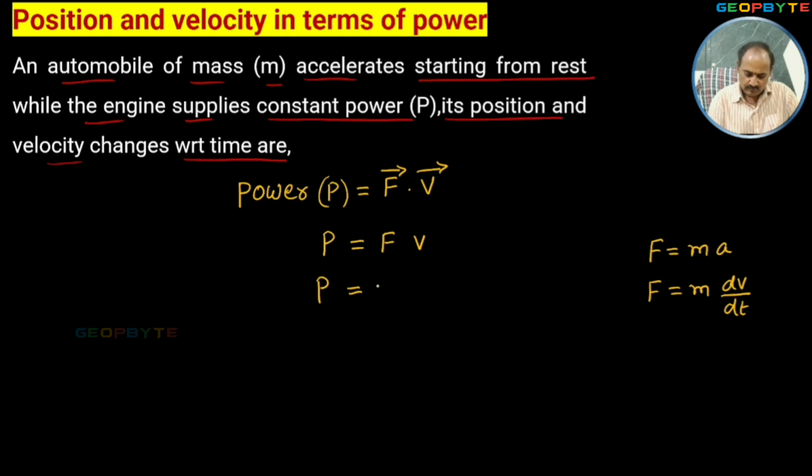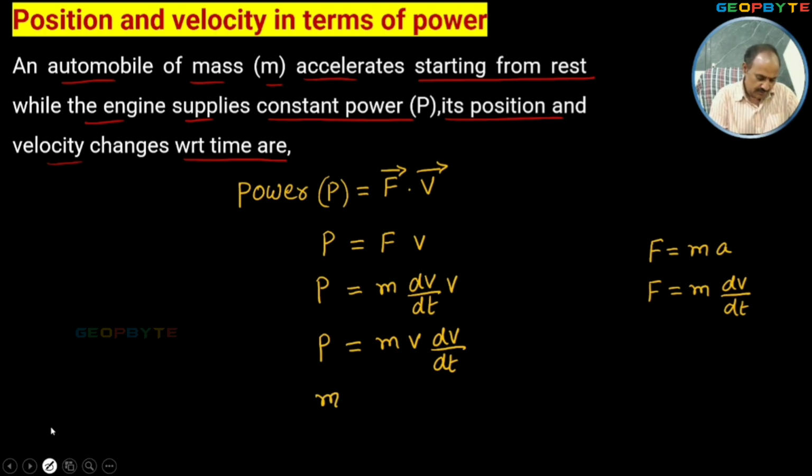Power P equals m into dv by dt multiplied by v, which can also be written as power P equals m into v into dv by dt. It can also be written as power by mass into dt is equal to v dv.